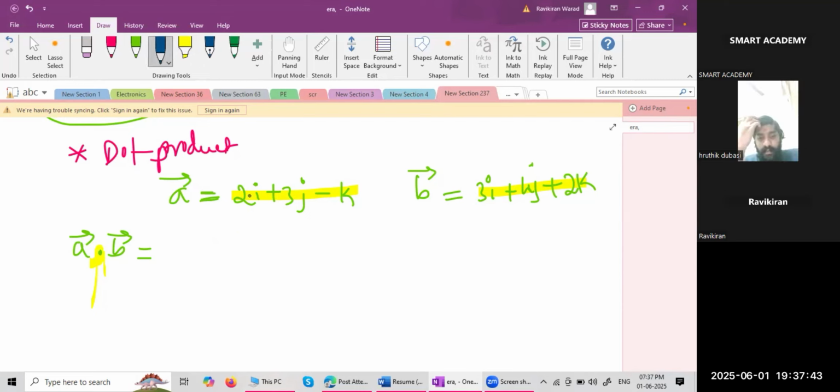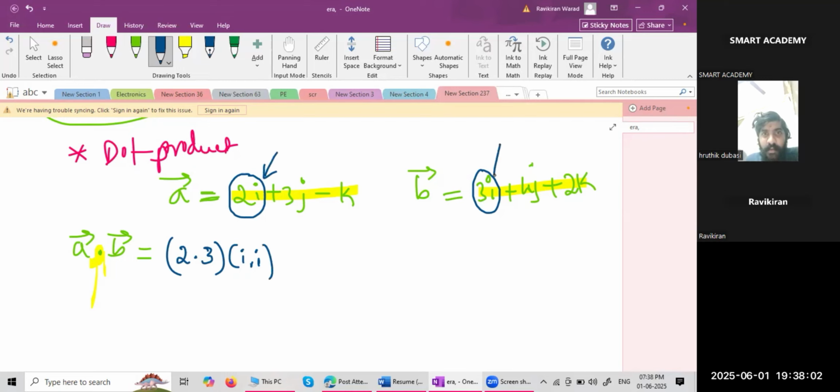Dot product is corresponding. Here 2i is there, and here 3i is there. You multiply 2 into 3 between these two. Can I write it like this? i dot i. Here 1 i is there, and here 1 more i is there.